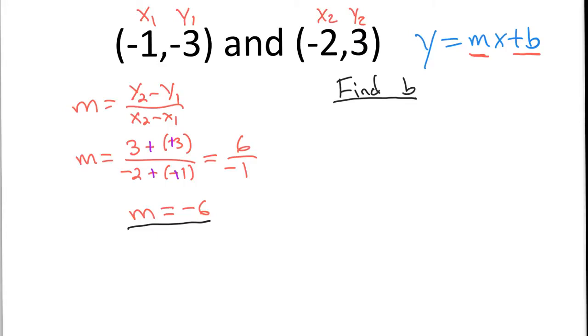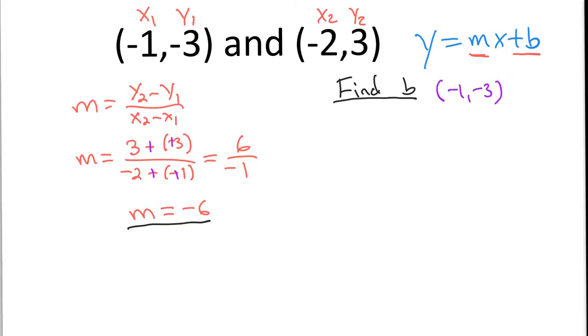And then I'm going to take one of the points that is given to us. So we have this point here, we have this point here, and you choose one, and we are going to use the x and the y for that point. Doesn't matter what point you guys choose, you guys will get the same answer when you find the b. So I'm going to choose the first one, negative 1, negative 3. I'm going to put that point here, and I'm going to label the x and the y.